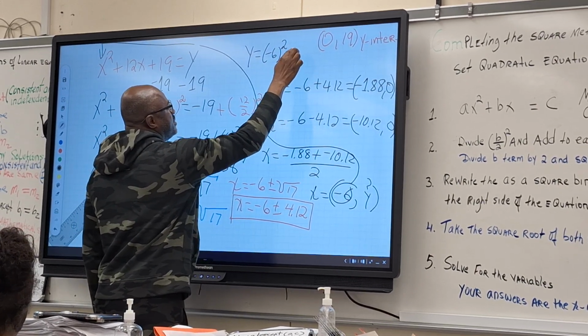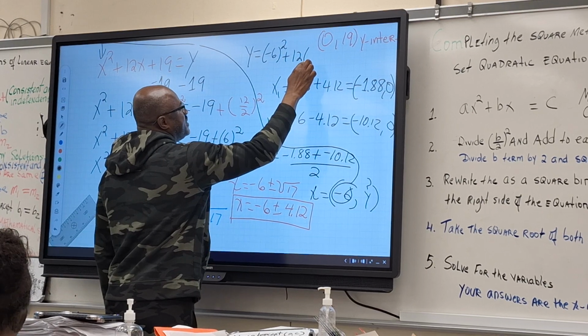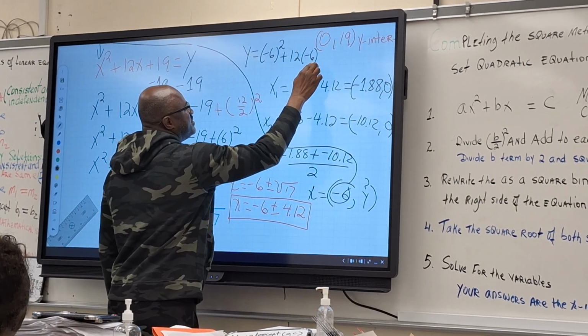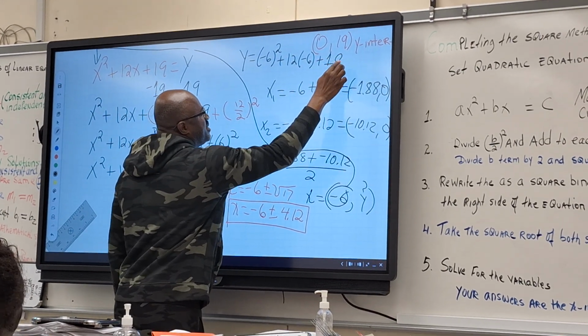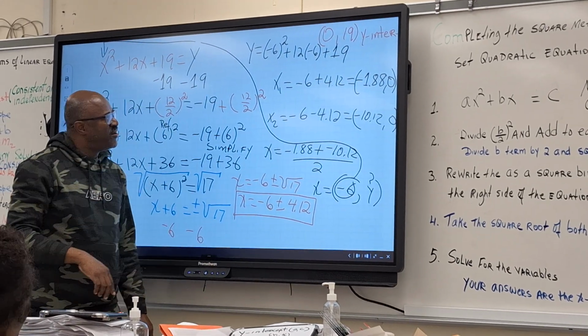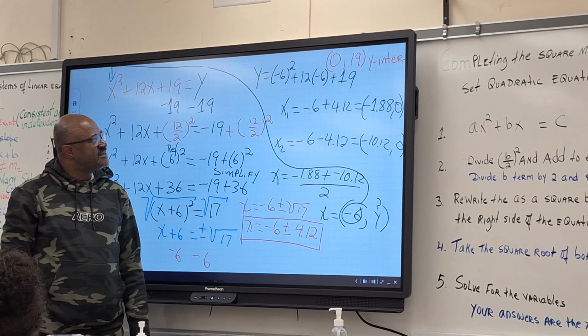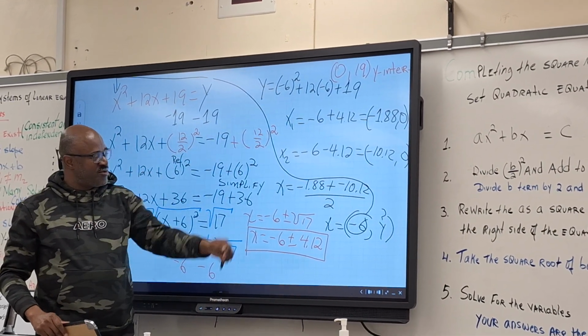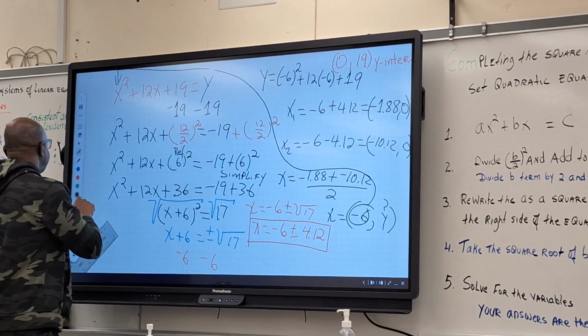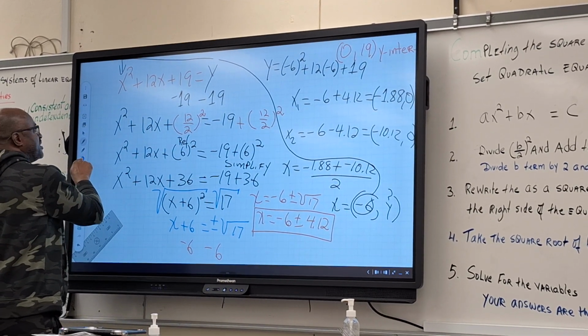Plus 12 times, in parentheses, negative 6, plus 19. Then you evaluate that based on PEMDAS. And be careful, when you square negative 6, it's going to equal what? A positive number, always.